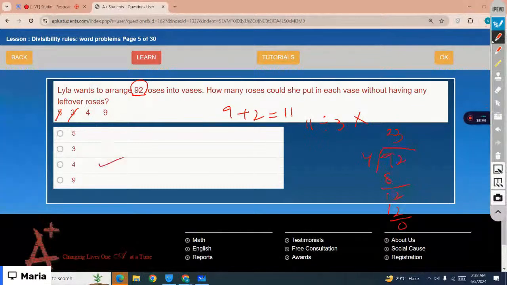That means the number is divisible by 4, because 92 is divisible by 4. So the correct option is 4, right?